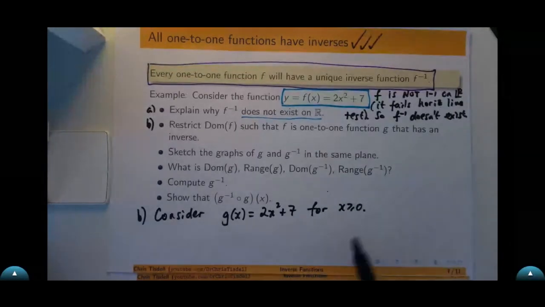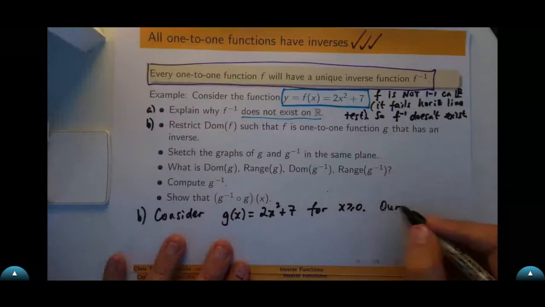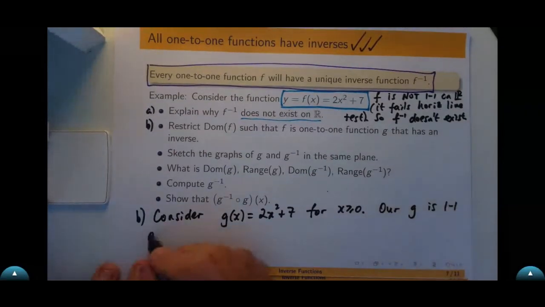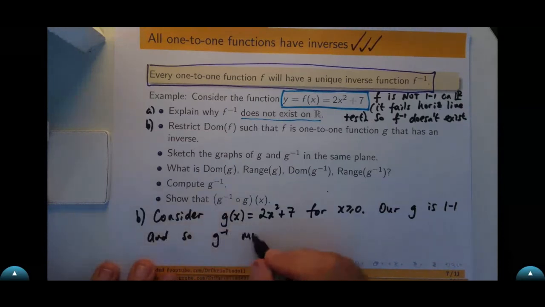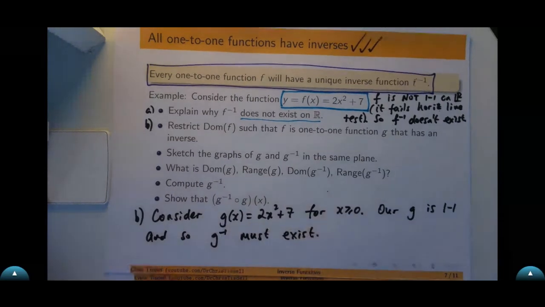Okay, so I've restricted the domain just to non-negative values of x. Great. Our g is one-to-one, and so the inverse must exist.